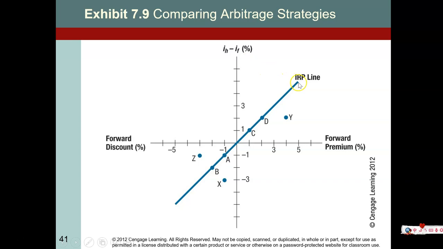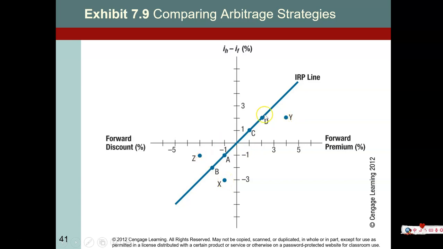And remember, in the case of interest rate parity, P should be equal to IH minus IF. That's why this line is the same as the Y equals X line. Any point on this line, we know P equals IH minus IF. And we have points B, A, C, D on the line. Above the line, we have point Z. Below the line, we have points X and Y.